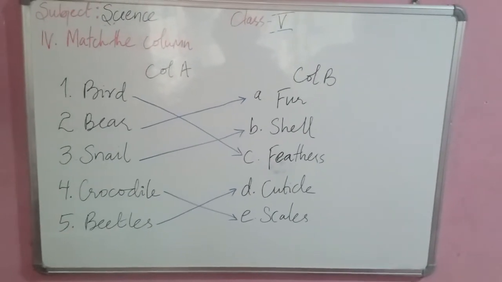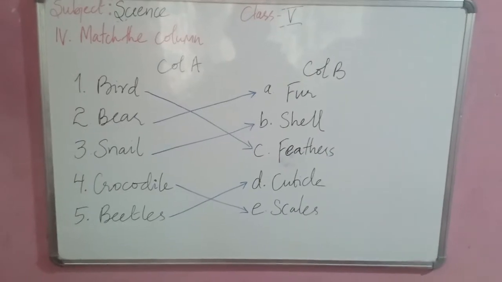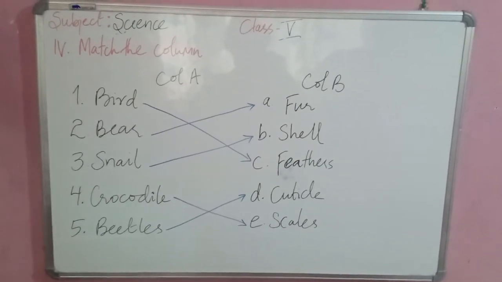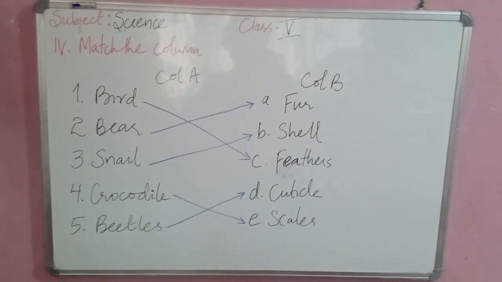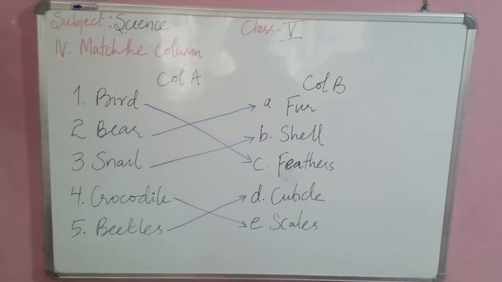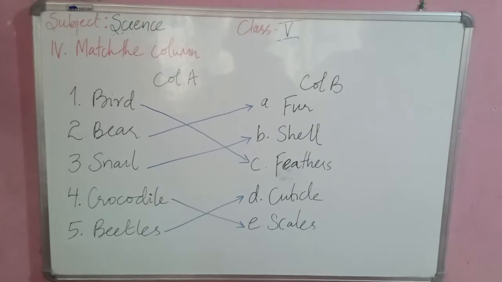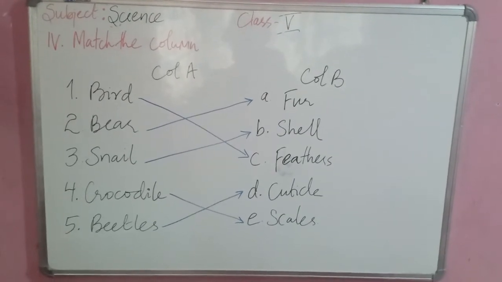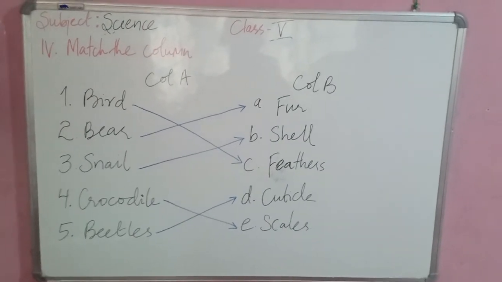Then bear is matched with fur, and snail is matched with shell. Crocodile is matched with scales, and then beetles is matched with cuticle.